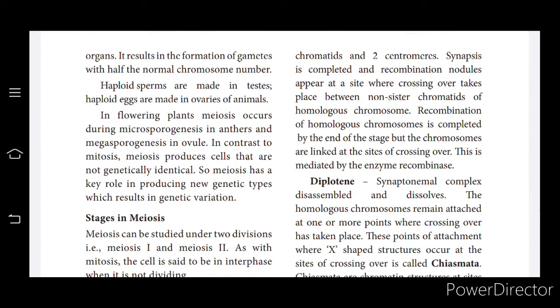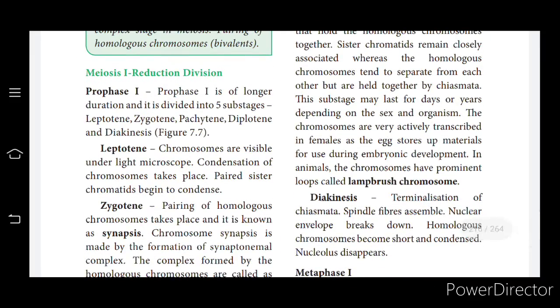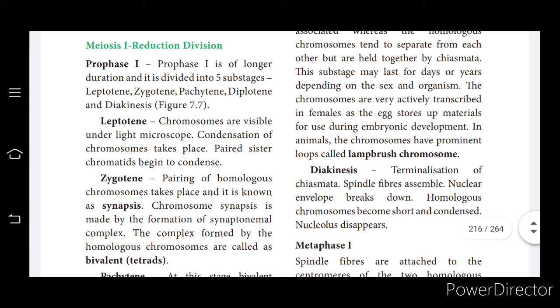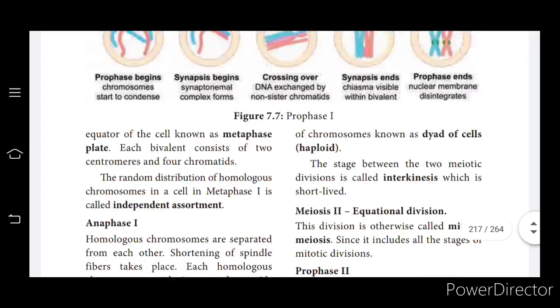The meiotic cell division starts with meiosis 1, the reduction division. Meiosis 1 includes the stages prophase 1, metaphase 1, and so on. Under prophase 1 we have several stages. Then it undergoes metaphase, anaphase and telophase.